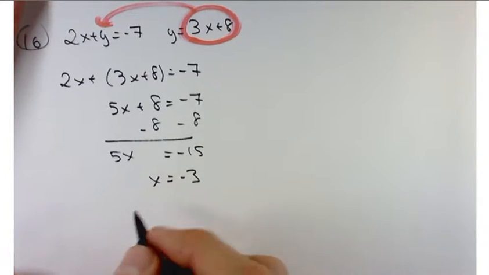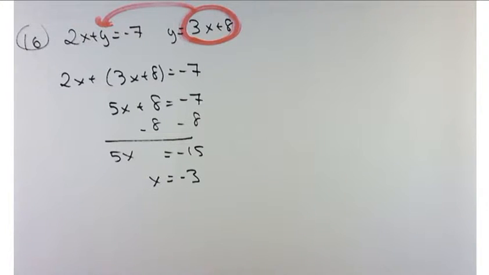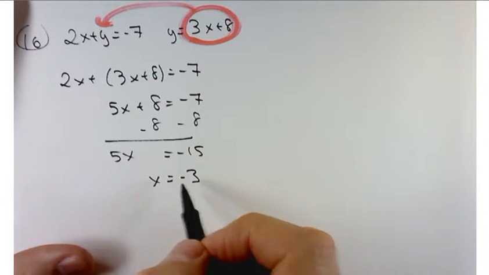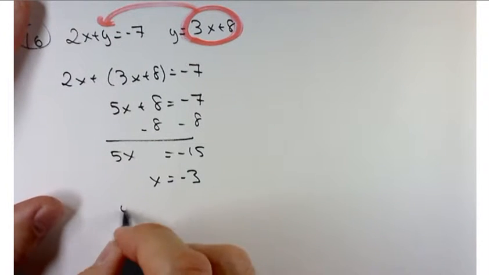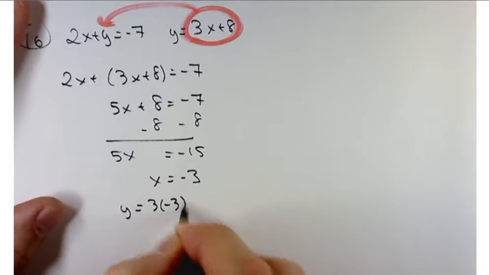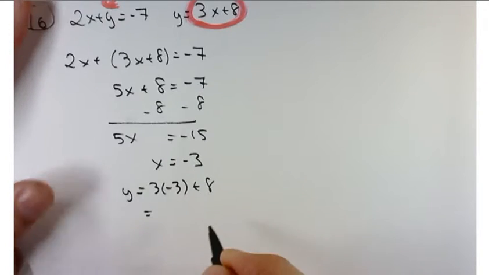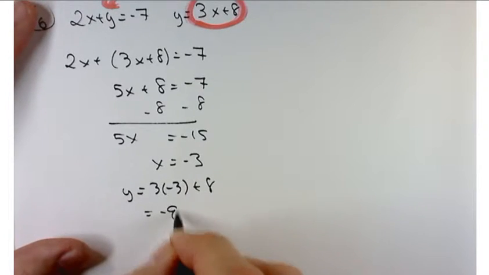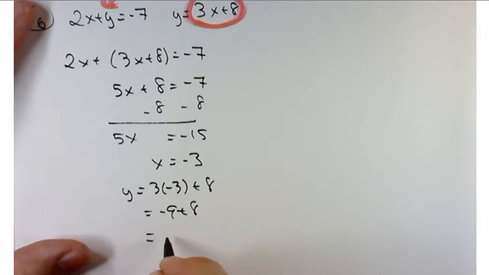Negative 3. Now, if x is negative 3, how are we going to find y? Madison? Yeah. Plug in for x. So y equals 3 times negative 3 plus 8. Negative 9 plus 8 is what? Negative 1.